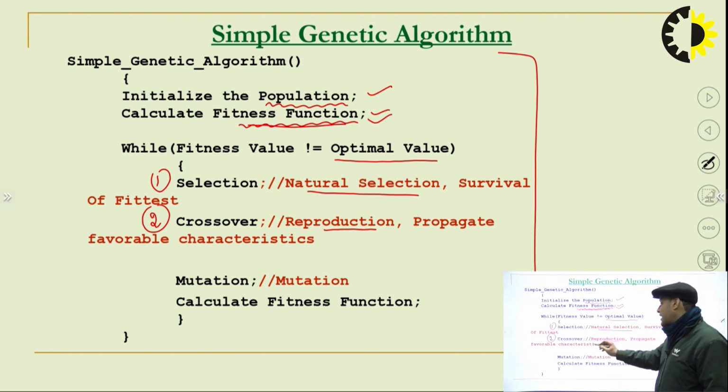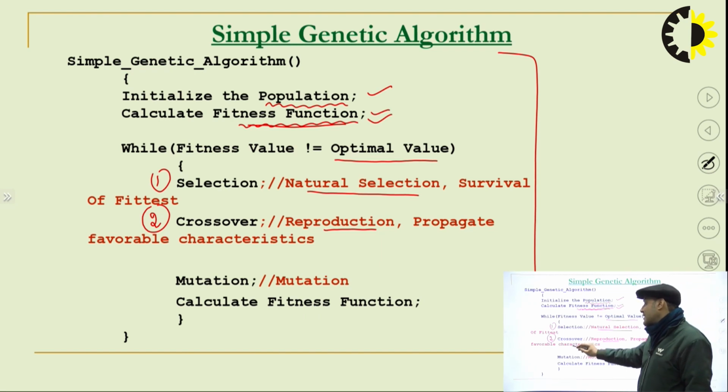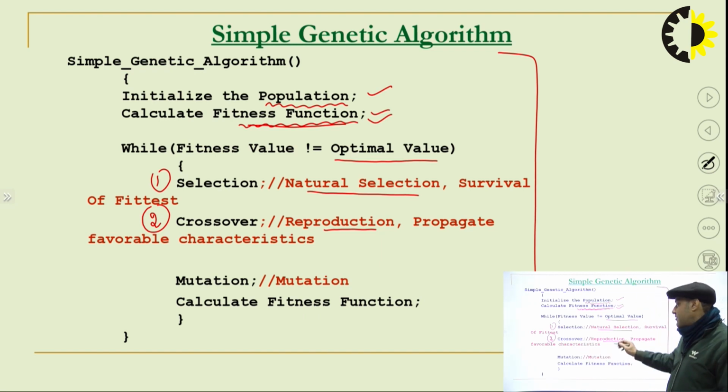Reproduction propagates favorable characteristics. The population that survives according to the favorable conditions of the environment will be able to reproduce new offspring. That is done with the help of crossover.